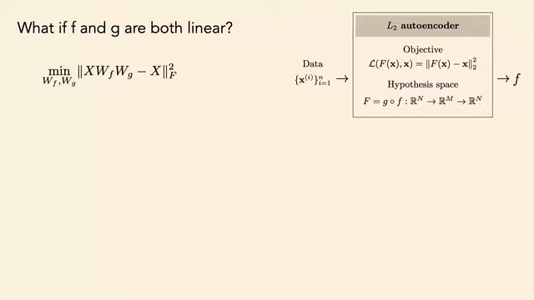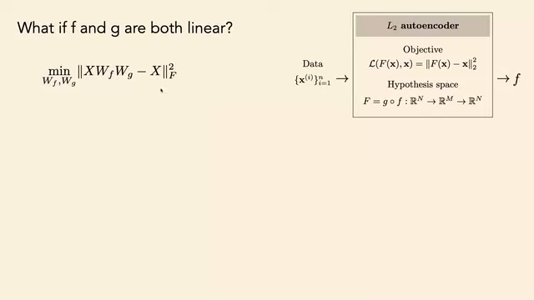So if they're both linear, we'll just replace them with matrices: the decoder with matrix W_g, and the encoder with matrix W_f. And we're trying to say, if I pass through encode, decode, I will obtain my original data matrix again. That's the objective of an autoencoder written with linear f and g.